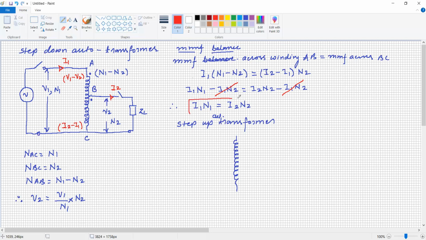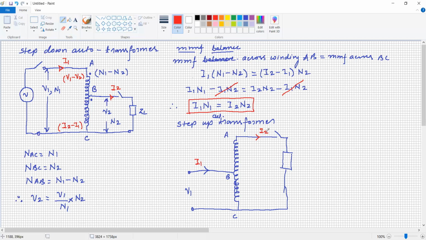The voltage is V1, and the terminals are A, B, C. Let the current in the secondary terminal be I2. The current in the primary winding is I1 from the source.